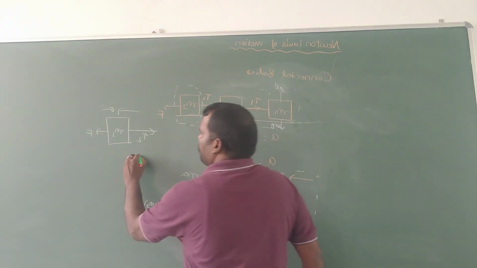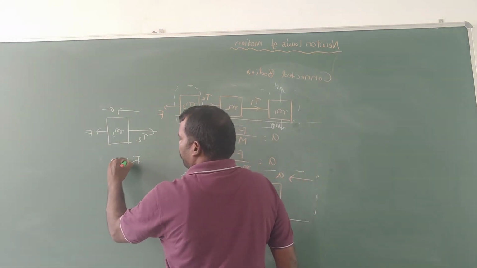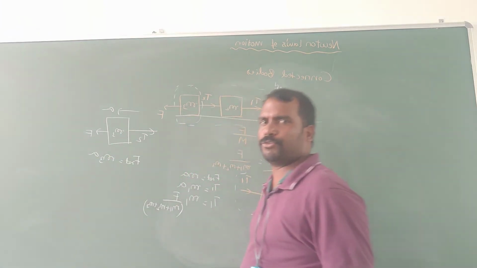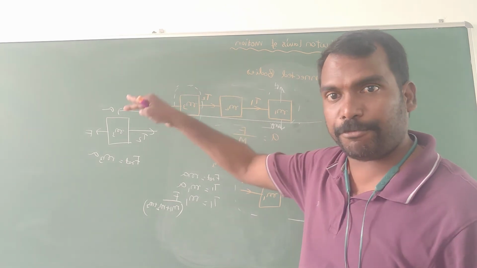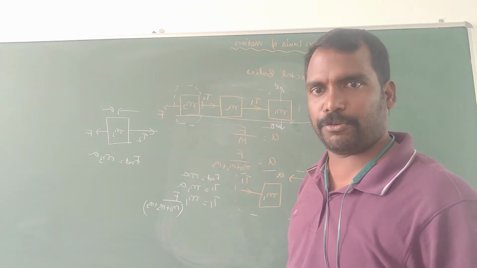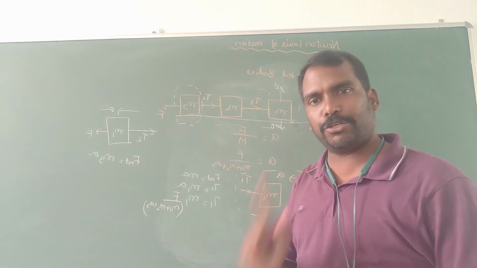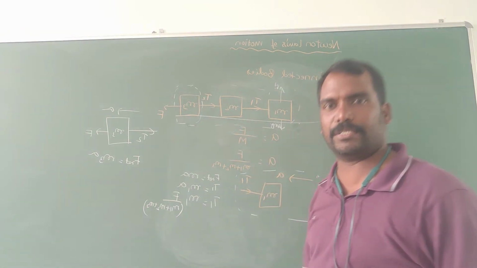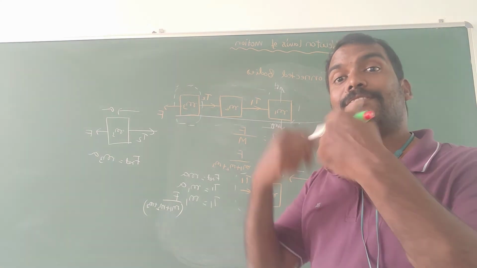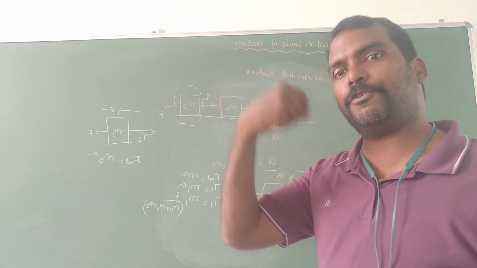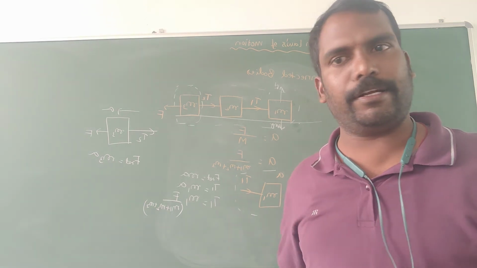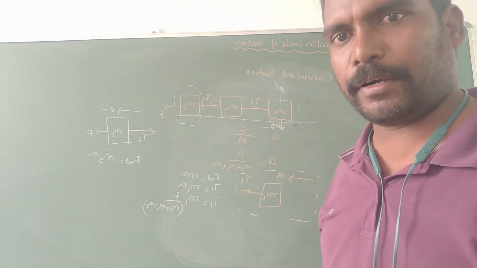Again we apply Newton's second law, F net equals m3 into a. Two forces are acting: one is our applied force, another is the backward tension force. Many students ask a doubt: how do we find the direction of tension? The tension direction is opposite to the sense of our force. Our applied force is rightward, so the tension force is toward the left. We need not be confused here.